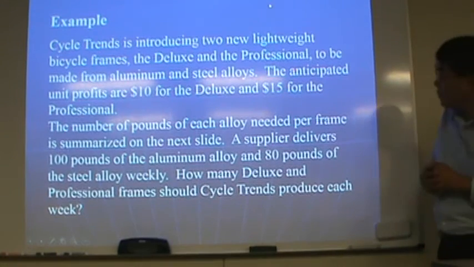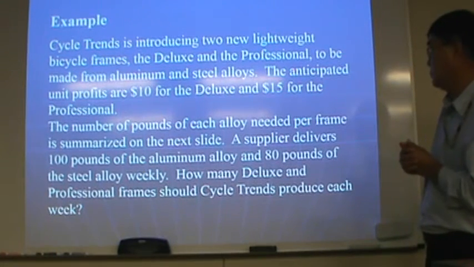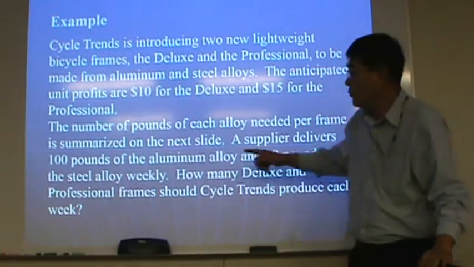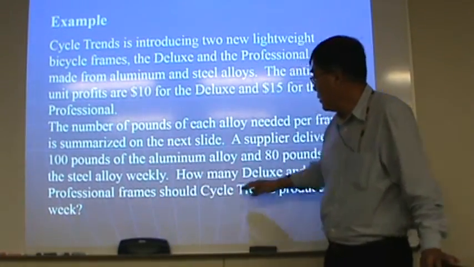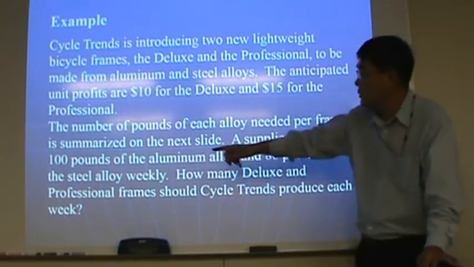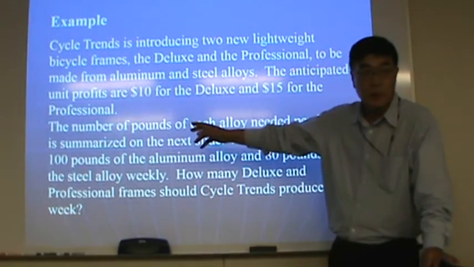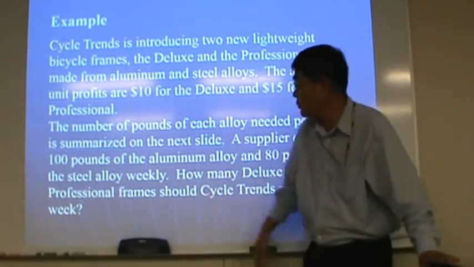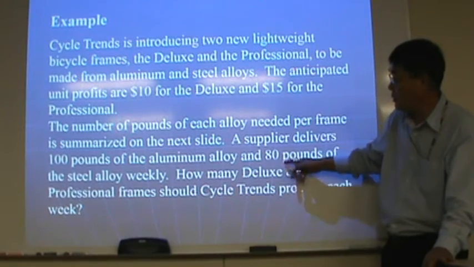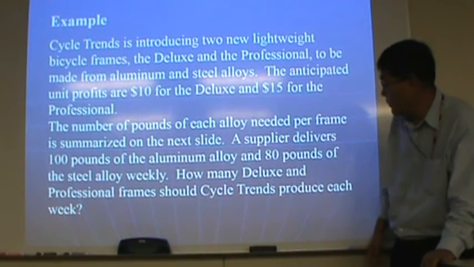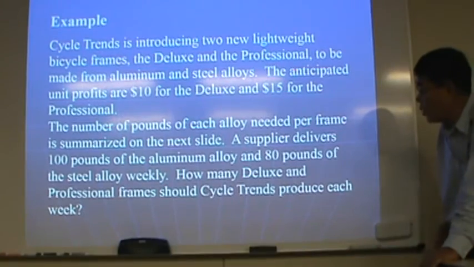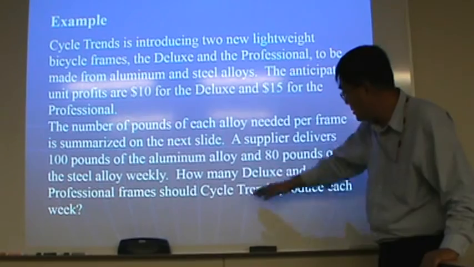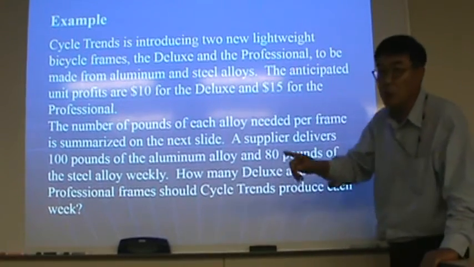And then the supplier delivers 100 pounds of the aluminum alloy and 80 pounds of steel. So available aluminum is 100 pounds and steel 80 pounds. And then the question is, how many deluxe and professional frames should this company produce each week?